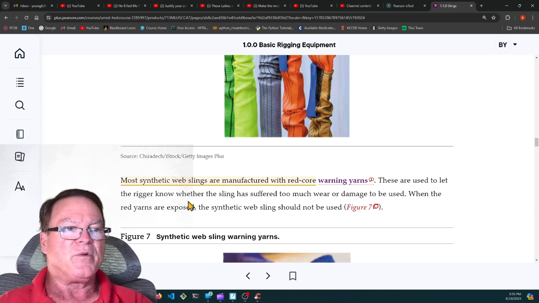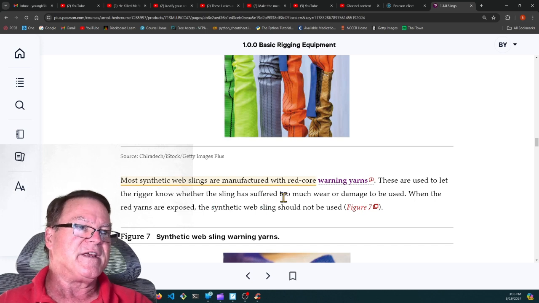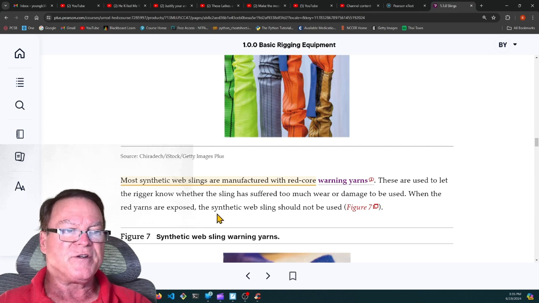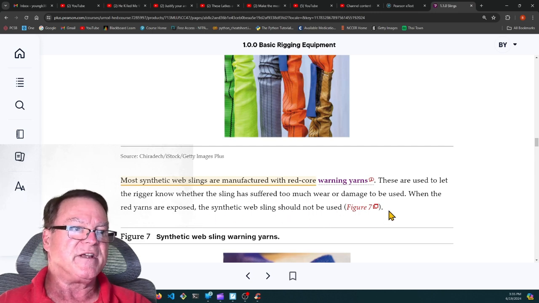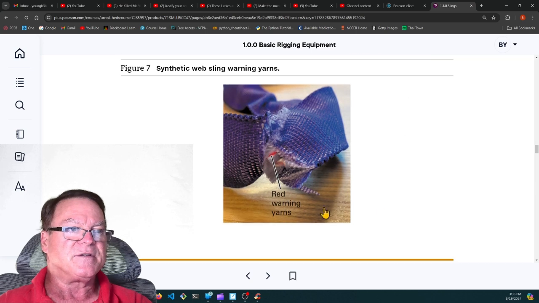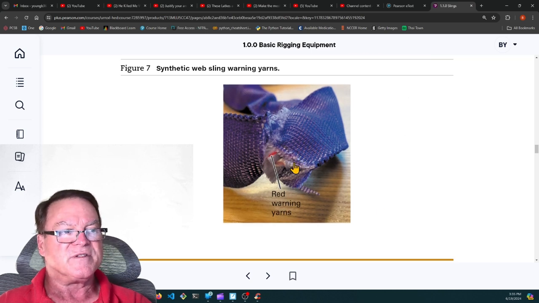Most synthetic web slings are manufactured with red core warning yarns. These are used to let the rigger know whether the sling has suffered too much wear or damage to be used. When the red yarns are exposed, the synthetic web sling should not be used. So here's a picture of a web sling, and you can see the red fibers inside.